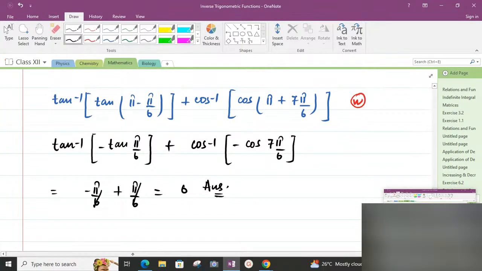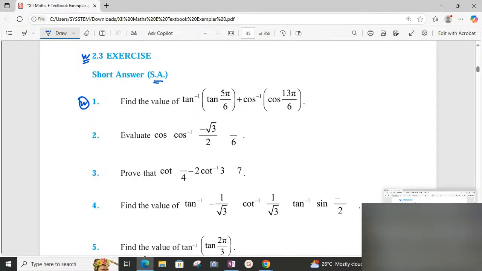Let's see the next question. Here we have the next question. Evaluate cos inverse of minus root 3 by 2 plus pi by 6 equal to what? Similarly, you can solve this question.